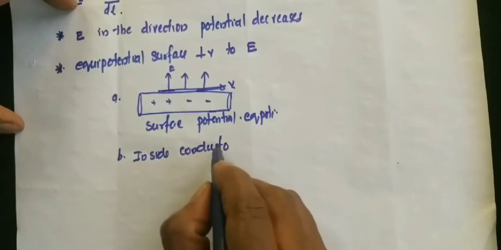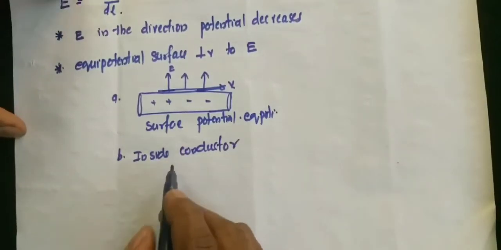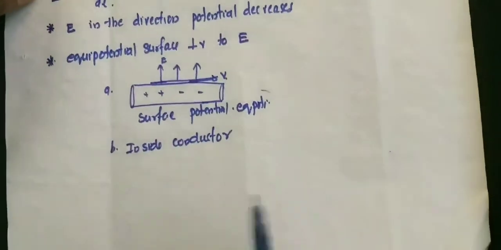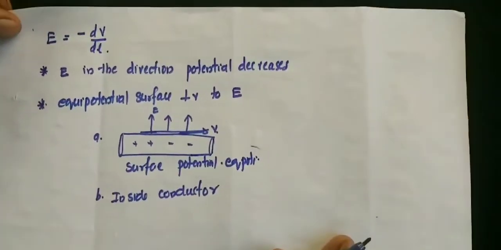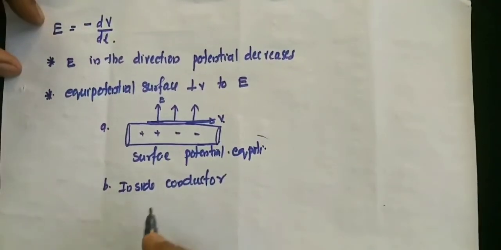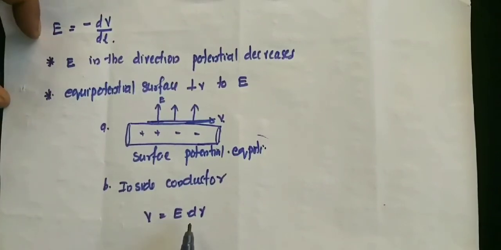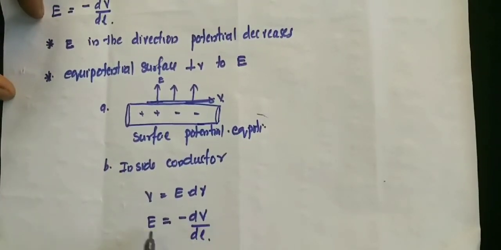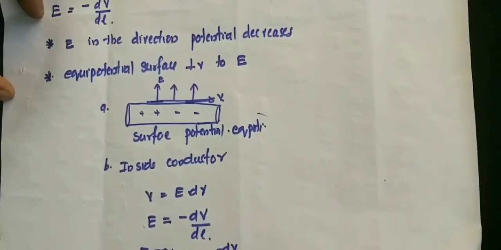What will be the potential inside the conductor? As I told you, in normal situation, a conductor will be neutral with the same amount of positive and negative charges. So the above equation V is equal to minus integral E dot dl, I can write as dr also, correct. So E is equal to minus dV divided by dl. E is the electric field. So what will be the electric field inside the conductor?